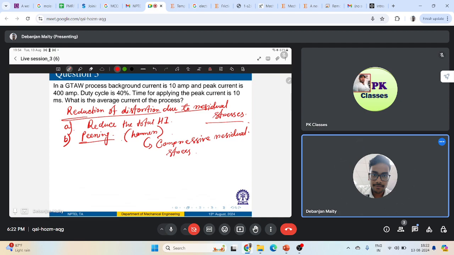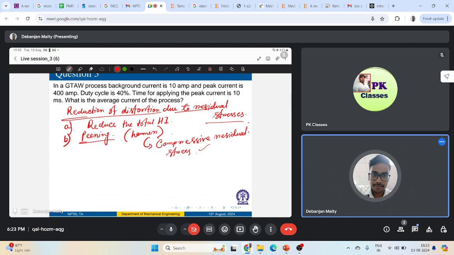As the weld bead surface is hammered with the peening tool, the metal will get flattened and it will try to spread out, right? By that procedure, you can reduce your tensile residual stress or crack formation if anything is happening in your welding.